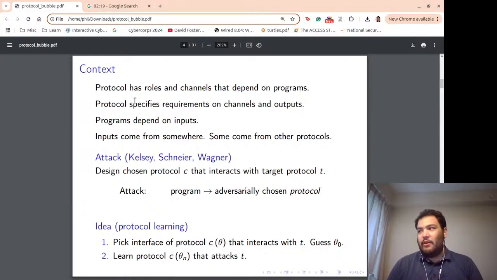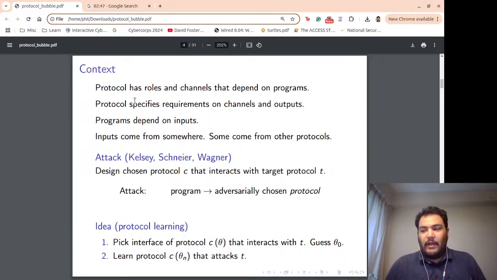So maybe the protocol says, I want the user to send a random number to this other user. If the protocol doesn't explicitly specify what random number generator one of the users should be using, then that input comes from somewhere. So it's either specified by the protocol or specified by something external to the protocol.